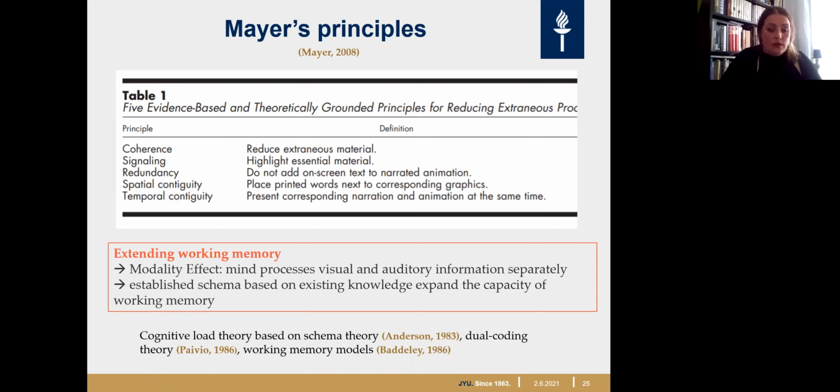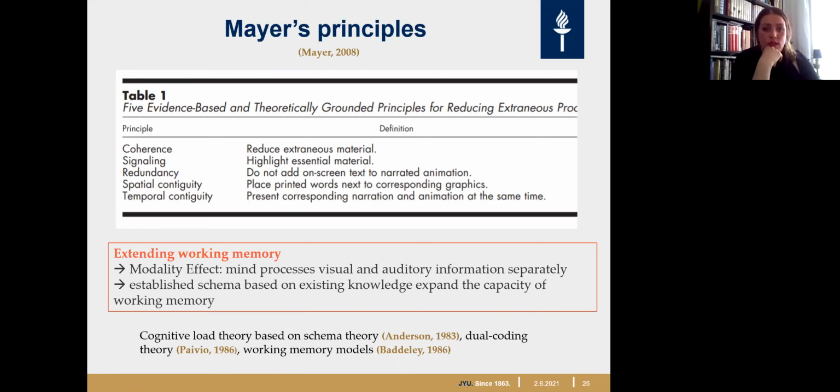There's also a way of extending working memory, and one is the modality effect, which refers to dual coding theory by Paivio, so that the mind processes visual and auditory information separately. So we don't bombard working memory if we present information through these different sensory channels. That's one often utilized approach.